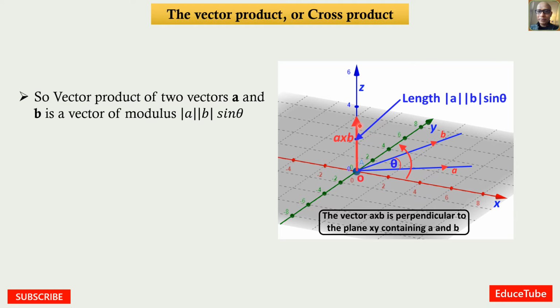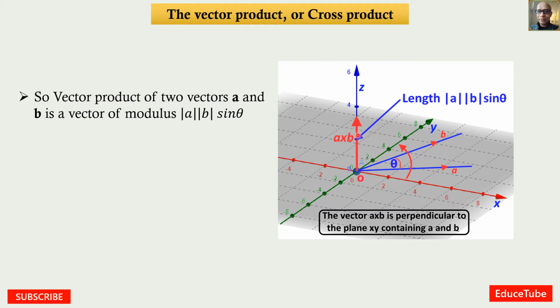But here this vector is A cross B. And the vector product of two vectors A and B is a vector with modulus of absolute A, absolute B, I mean magnitude of A, magnitude of B multiplied by sine theta.